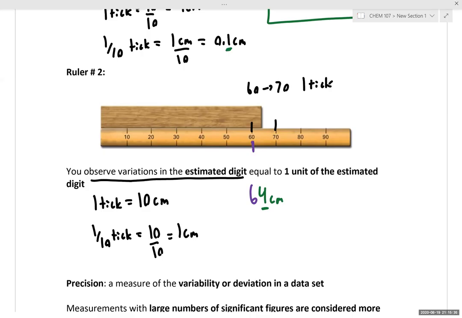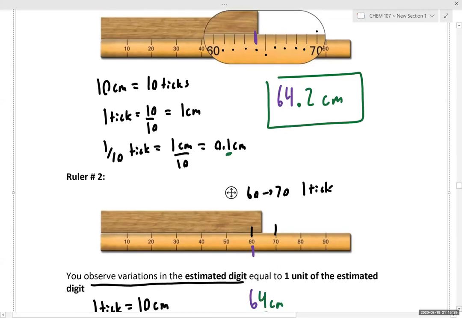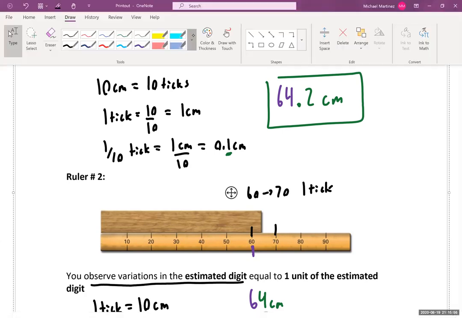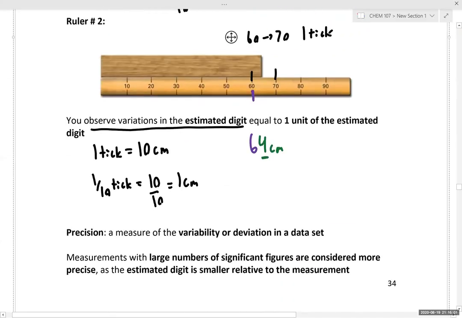Does everyone notice how different rulers, different devices have different numbers of significant figures in their measurements? If we use a different device with different tick marks, our measurements have different numbers of sig figs. In general, the more digits you report, the more precise your measurement is.